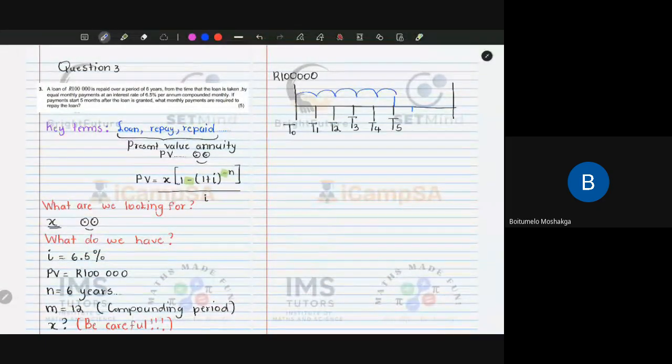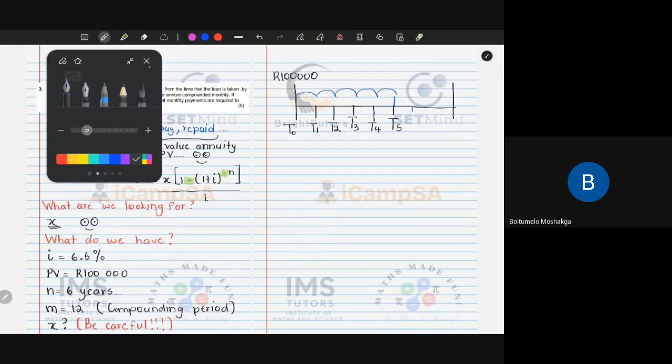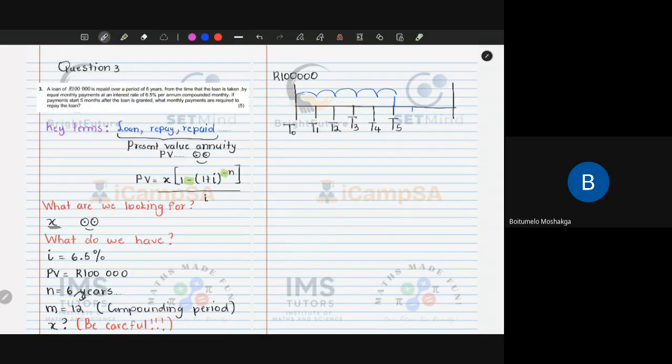But if you think carefully, we have 6 years, guys. How many months are there in 6 years? The last month, if we're looking at 6 years, would be 6 times 12. What is that, guys? Is it 72 or what? What is 6 by 12? Yes, it's 72.